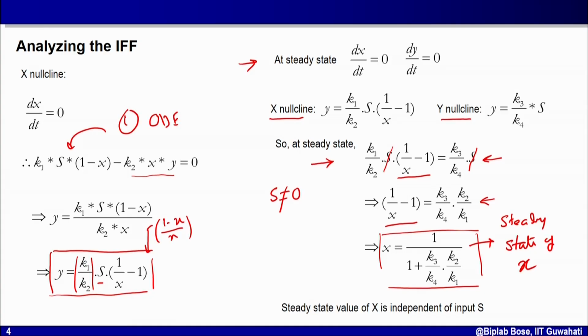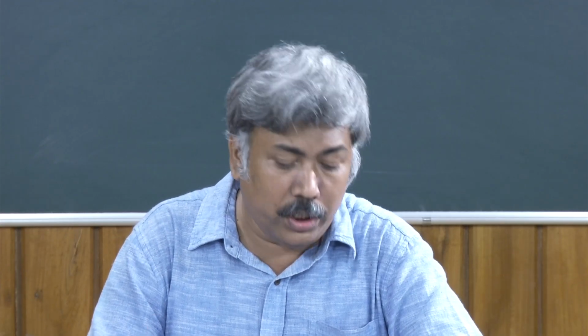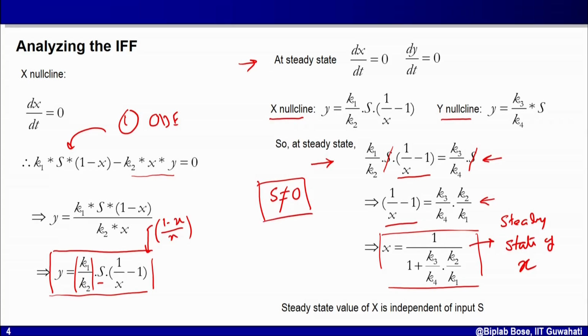It will only depend upon k3, k2, k4 and k1, which are constants in my system. That means the steady state value of x is insensitive to s as long as s is not equal to 0. That is the condition we have given here: s is not equal to 0.